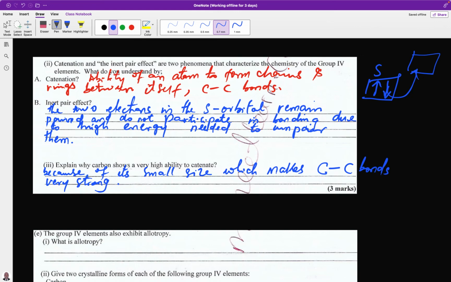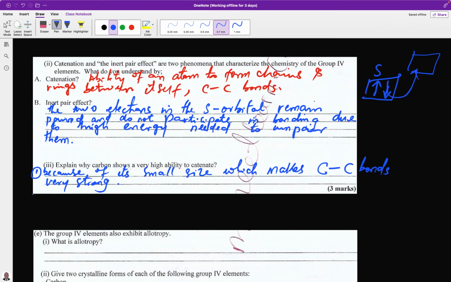Explain why carbon shows a high ability to catenate. The ability of carbon to form chains or rings, that is to catenate, is because of, one, its small size, which makes the carbon-carbon bond very strong.